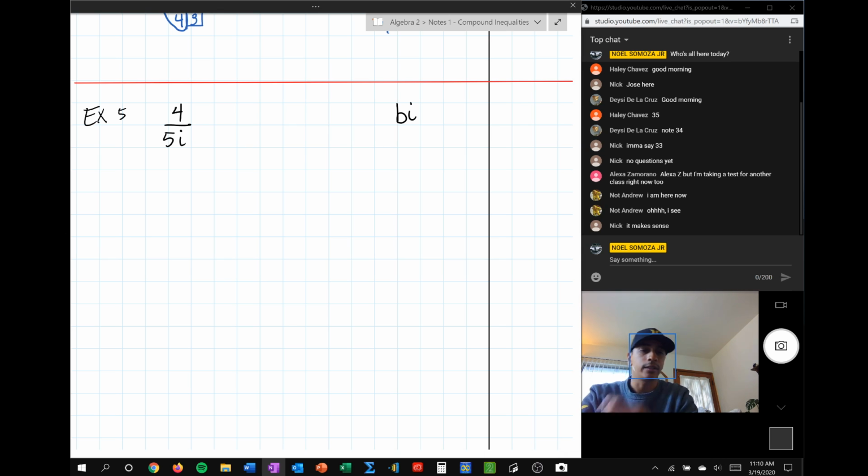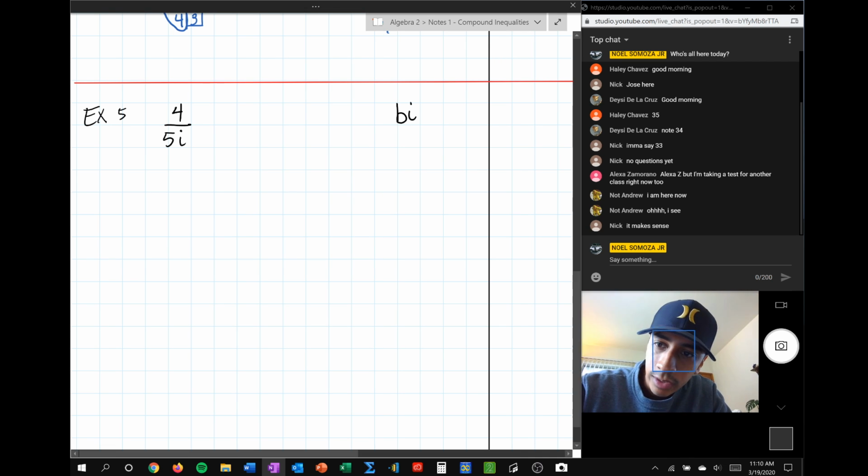Well, how do you get rid of it then? Very much like trying to get a fraction to have a common denominator, the way to get rid of something in the denominator is to multiply by the imaginary number that's in the denominator. It seems kind of strange, but here's what you do. You multiply the top and the bottom by 5i.